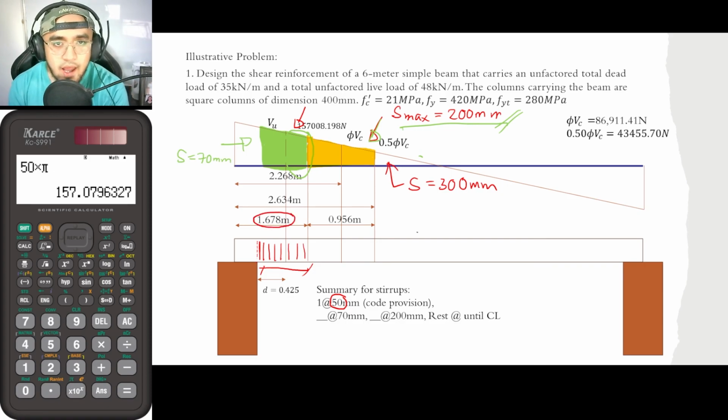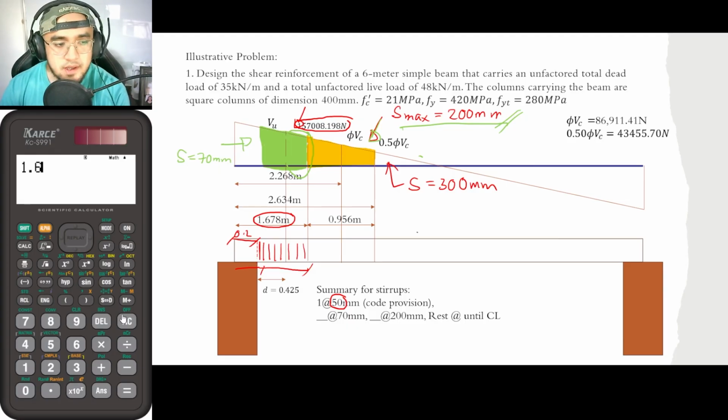So, saan po nanggaling yan? Dito po sa shear na ito, pwede po kayo mag-mode 3 to alert or ratio in proportion. Okay? So, from 1.678 minus, once again, this is 200 mm or 0.2. So, from that, looking at the calculator, so, nasan ba?